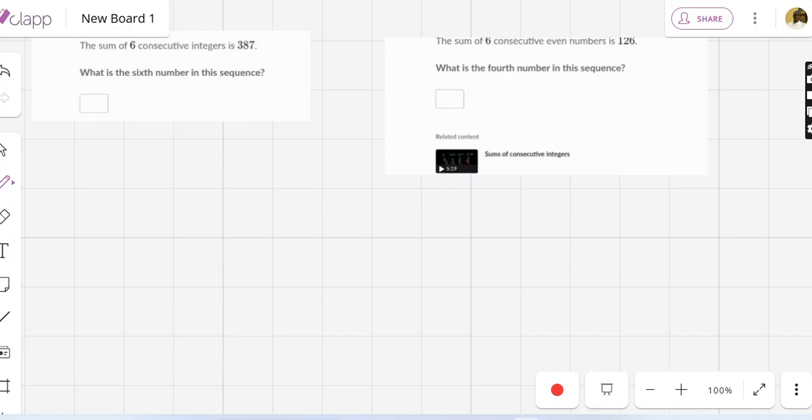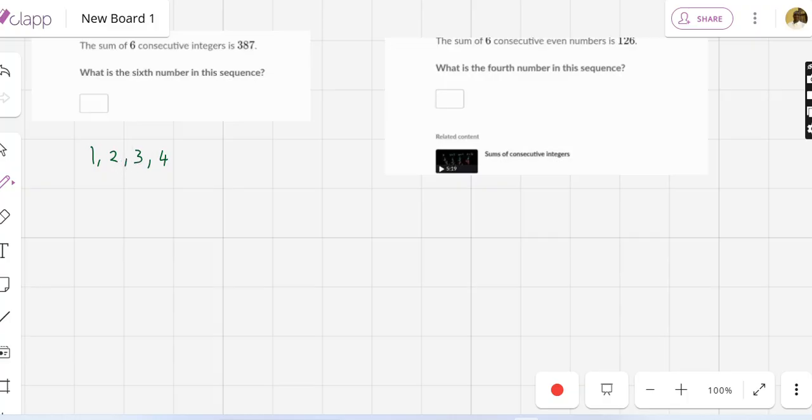Now, when they say consecutive integers, it means counting from 1 to 2, 3, 4, like that. So it means that the difference between each value is 1. Like the difference between 1 and 2 is 1. The common difference between 3 and 2 is 1.